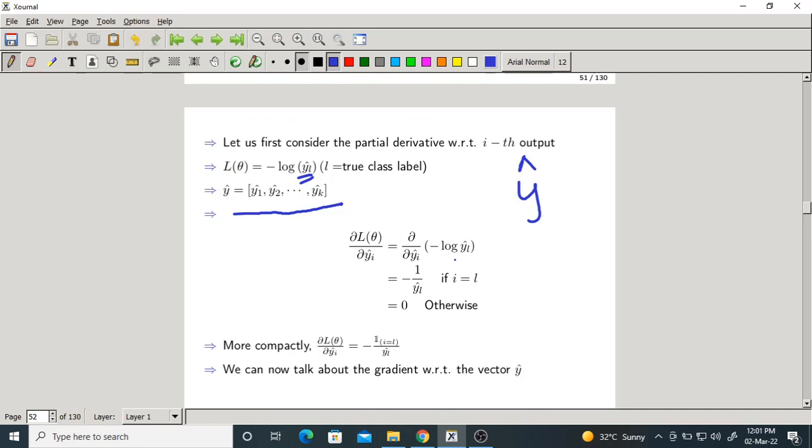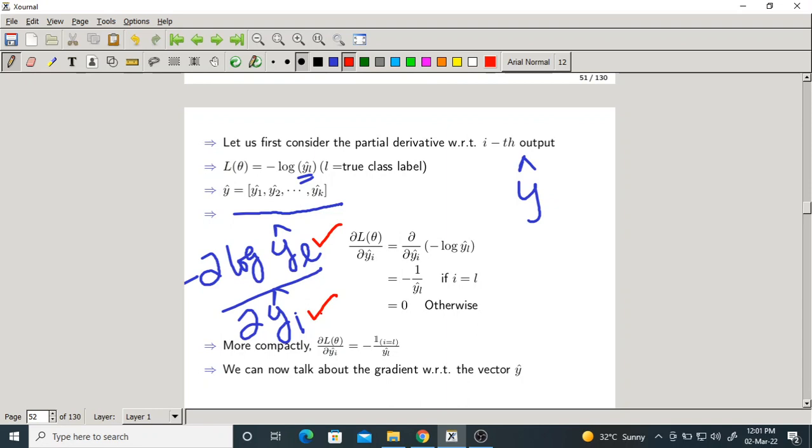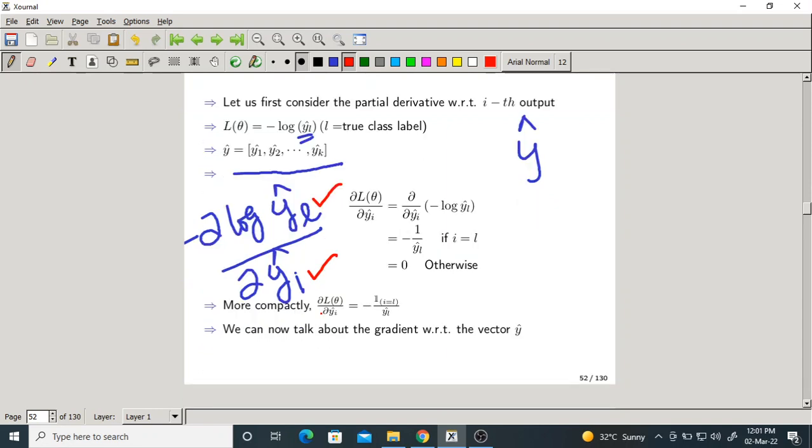Okay, now this is what we have to find out. You know already. So please remember, we have ∂(minus log Y_L hat)/∂Y_i hat. Here in the denominator we have index i, in the numerator we have index L. Okay, so obviously there is only one true class. You know already classification. We have to find out the true class out of k classes, 1 out of k classes. Obviously, what is the derivative of log x?